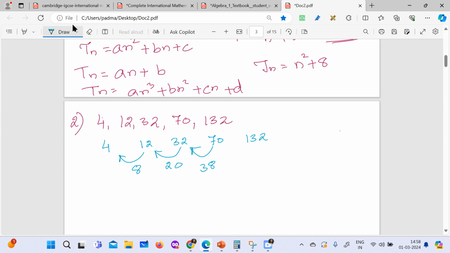And then 132 minus 70 is 62. So this is our first difference.